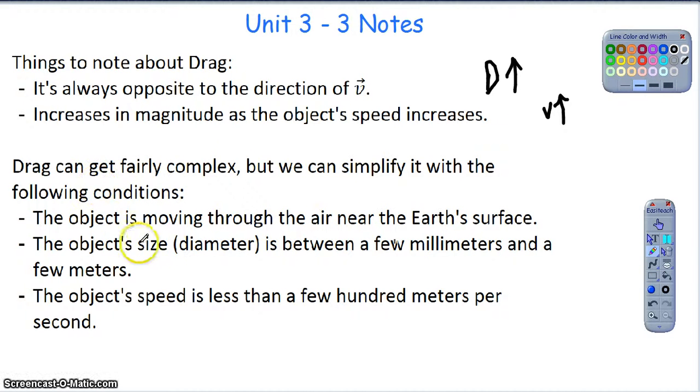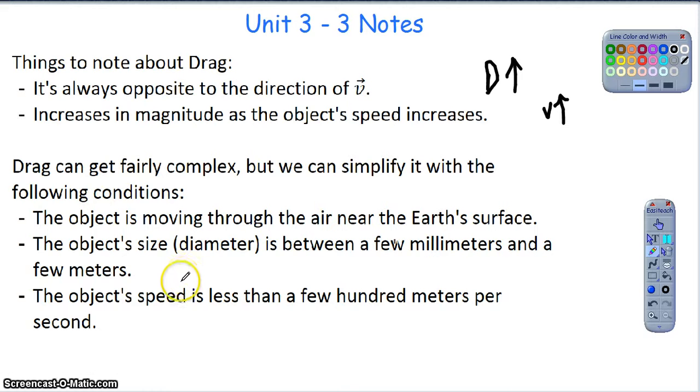Drag force can get pretty complex, but if we keep the following conditions here, we can actually simplify it. So we'll assume that objects are always moving through the air near the Earth's surface. The object's size, the diameter, is between a few millimeters and a few meters. So if this was a very, very large object, it would change the drag fairly significantly.